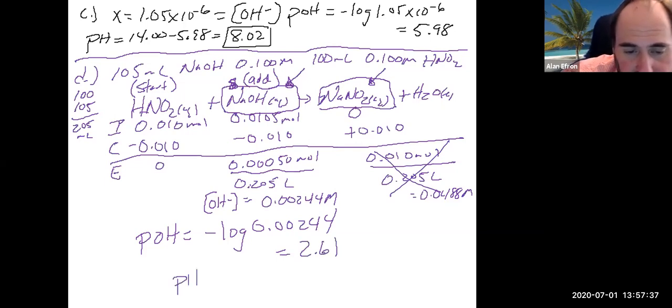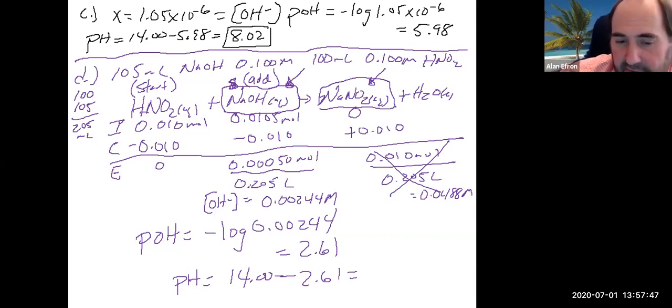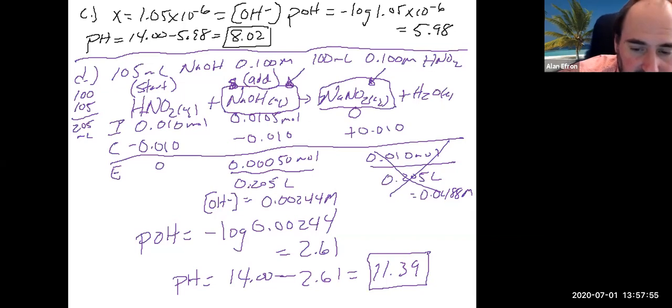Then that means our pH is 14 minus 2.61. And that looks like 11.39, which is definitely basic. And what we would sort of expect at this point in the titration, because we are just dumping sodium hydroxide in there.